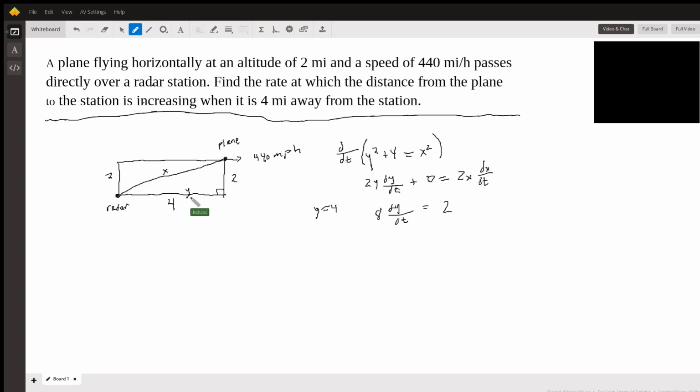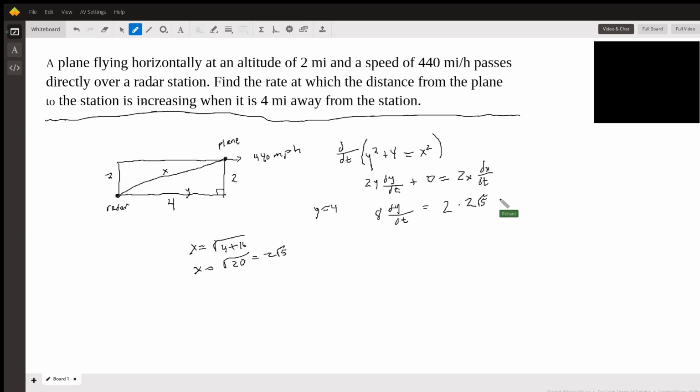We know that when y is 4 and the height is 2, x is going to be the square root of 4 plus 16. So x is going to be the square root of 20, which is 2 root 5. Sorry, yeah, 2 root 5. So times 2 root 5.